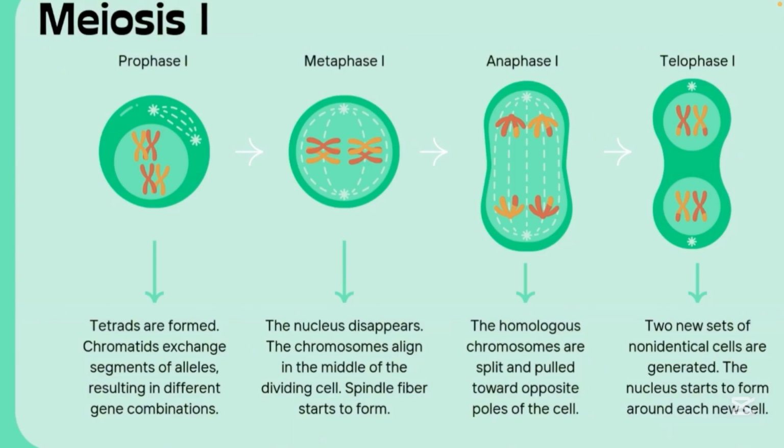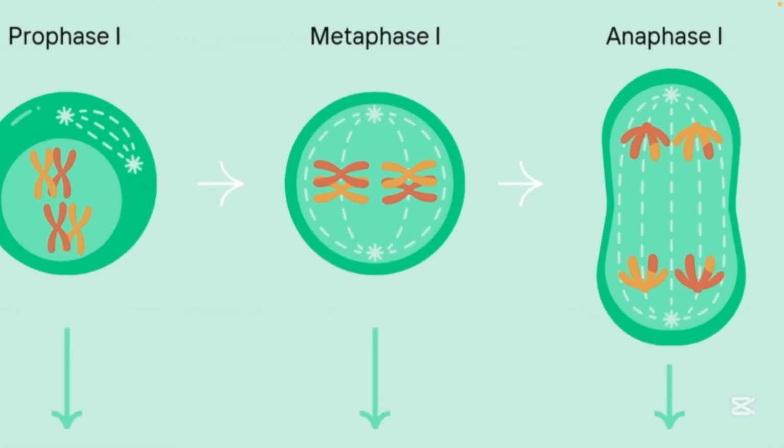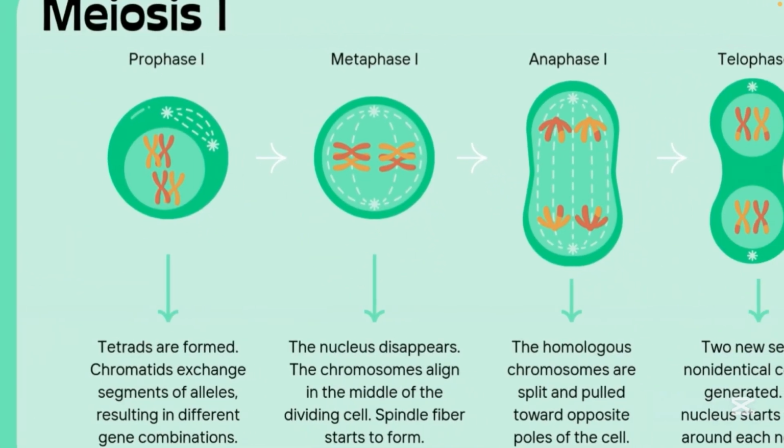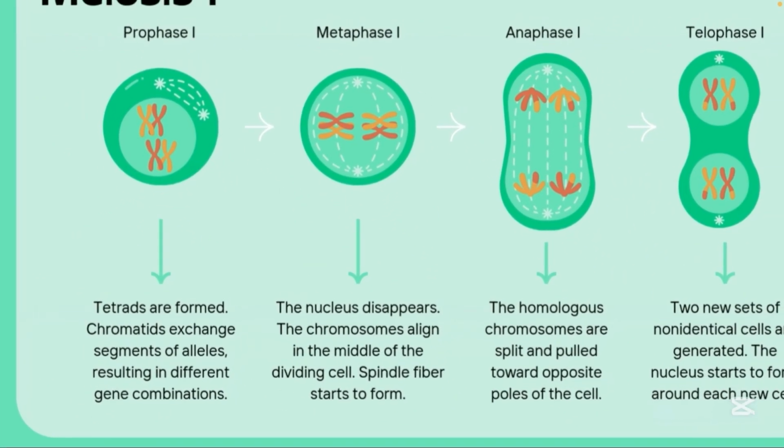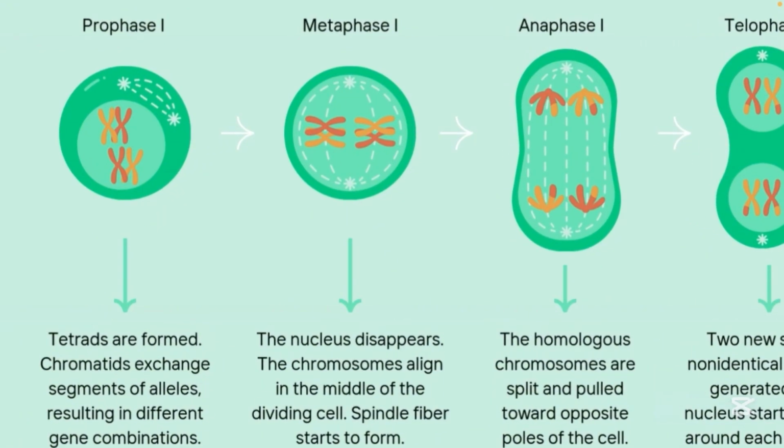In metaphase I, the nucleus disappears and the chromosomes are lying in the middle of the dividing cell, and the spindle fiber, which you'll see in the further diagrams, starts to form.